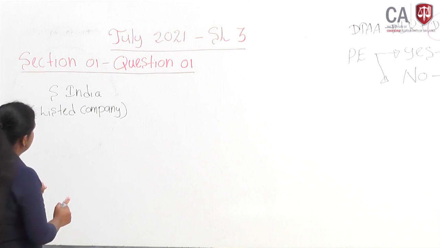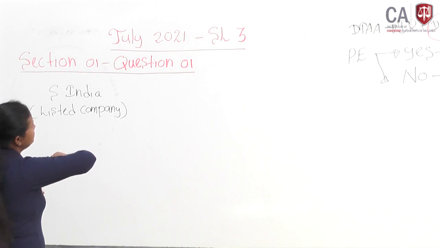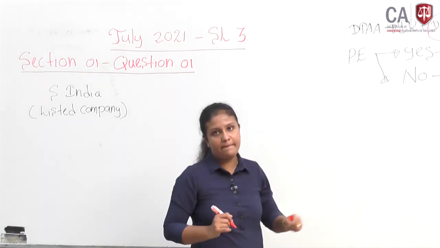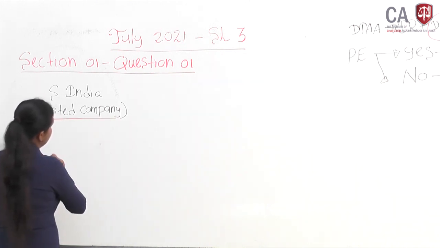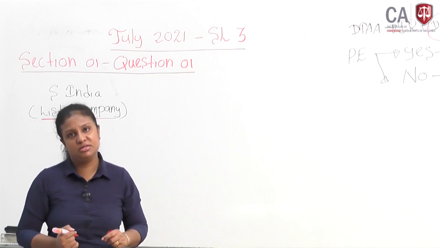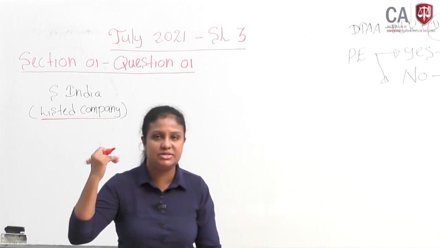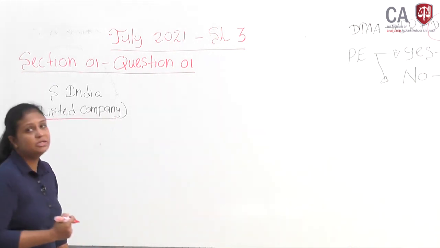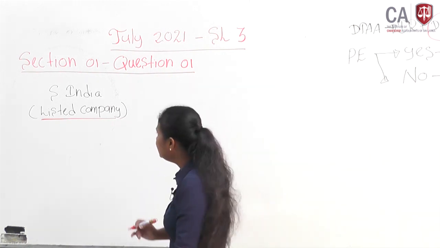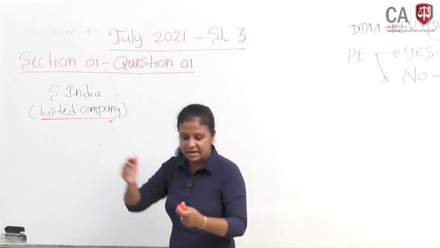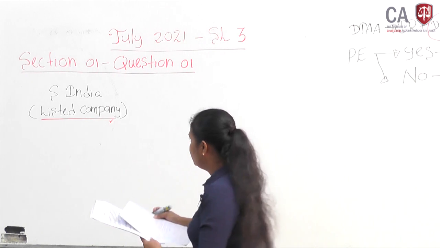The double taxation treaty is between Sri Lanka and India, so you need to look at whether this is an Indian company or not, because the relief from the double taxation treaty is available to the two countries, Sri Lanka and India. Since it is listed, it's an additional point you need to look at also.